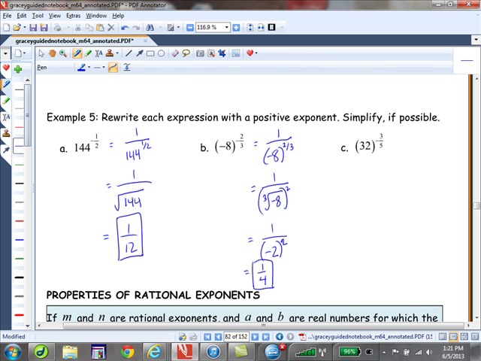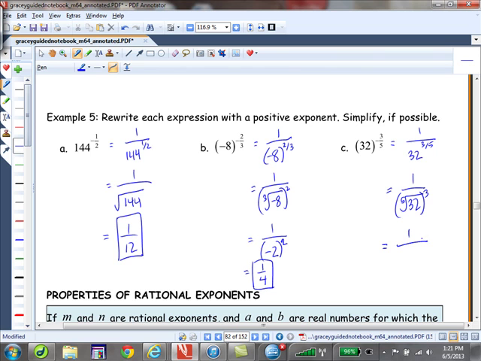All right, 32 to the negative 3/5 is 1 over 32 to the positive 3/5. Now, 2 raised to the 5th power is indeed 32. So we would rewrite this as the 5th root of 32, and we're going to raise that result to the 3rd power.